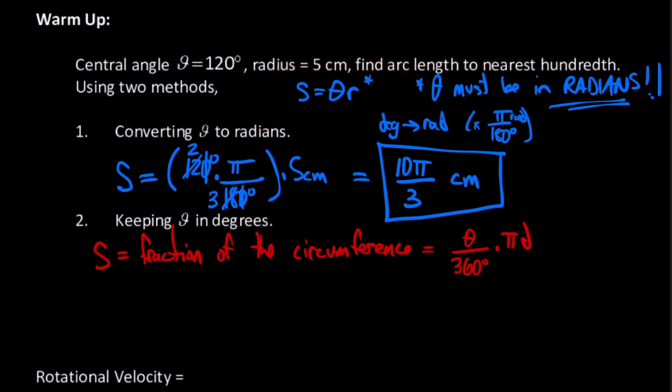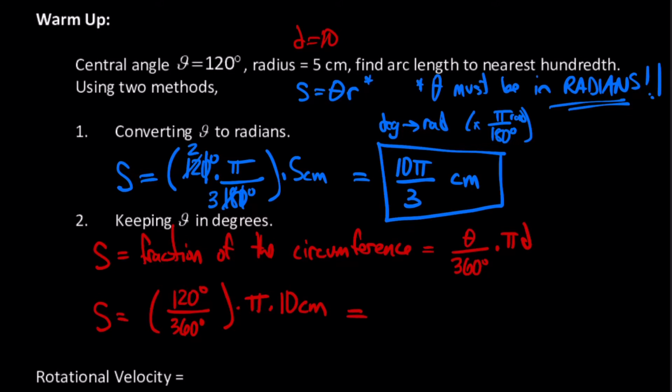But those of you that might want to do this, it's actually a little quicker to keep it in degrees. My arc length is theta, 120 degrees, divided by 360 degrees, times pi times d. Now, in this case, if my radius is 5, my diameter is 10, so we have to remember to convert that.